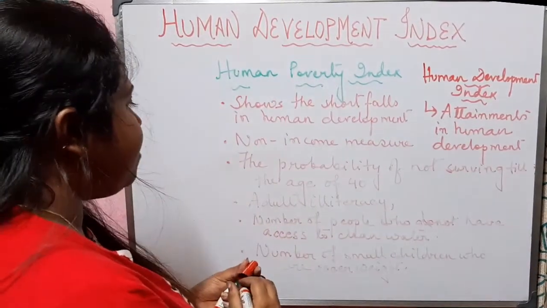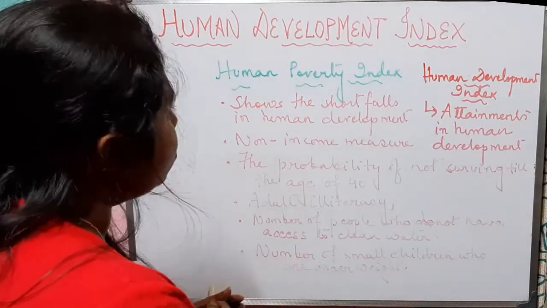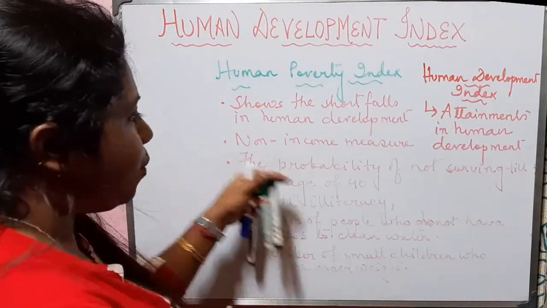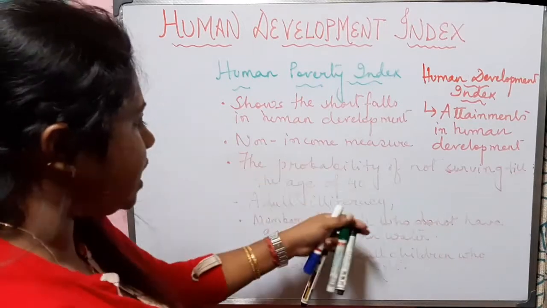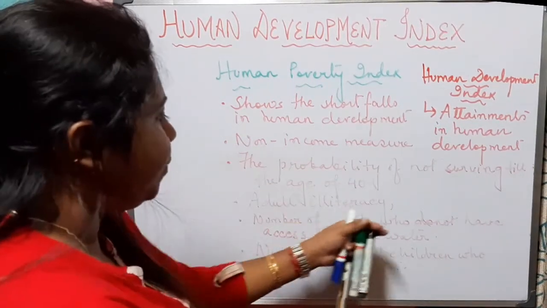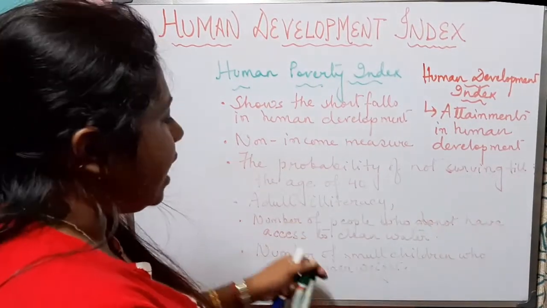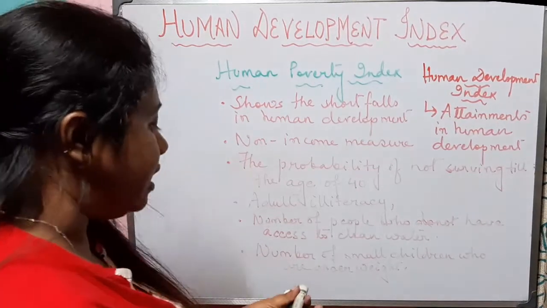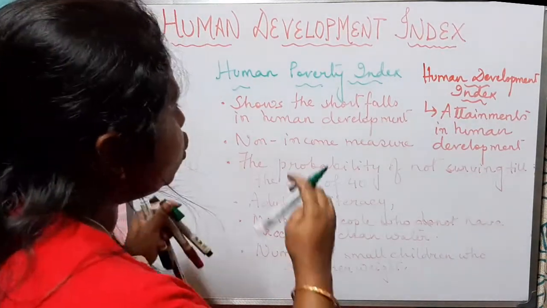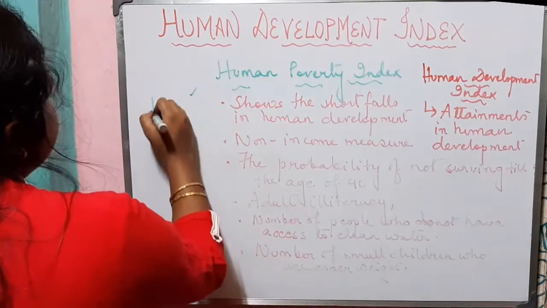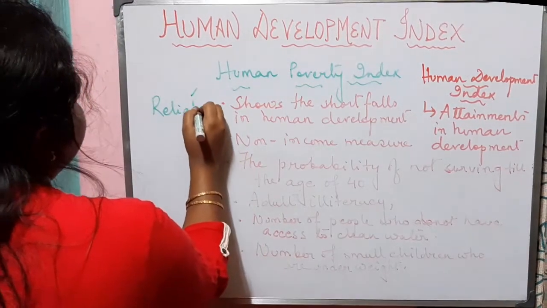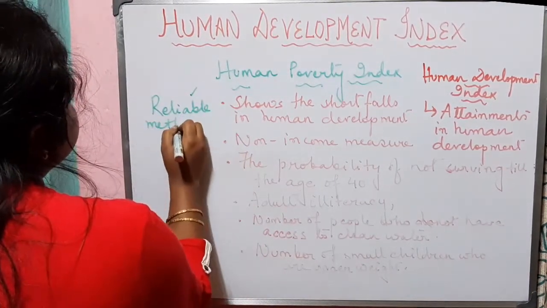So these are the dimensions taken into account in the Human Poverty Index: the probability of not surviving till the age of 40, adult illiteracy, number of people without access to clean water, and number of small children who are underweight. This index, the Human Poverty Index, is a more reliable method.